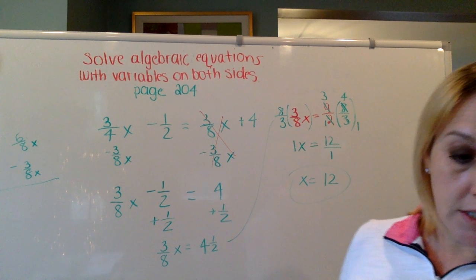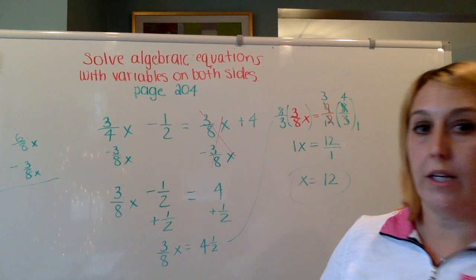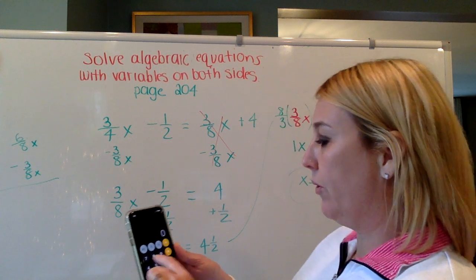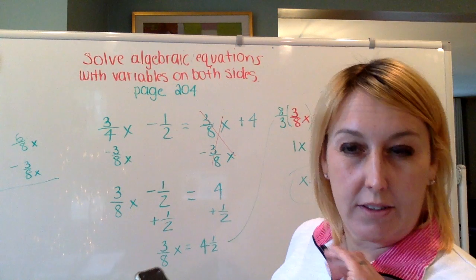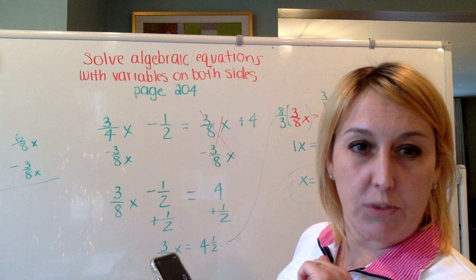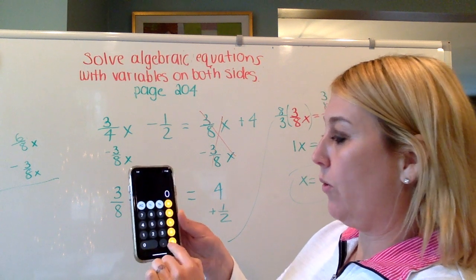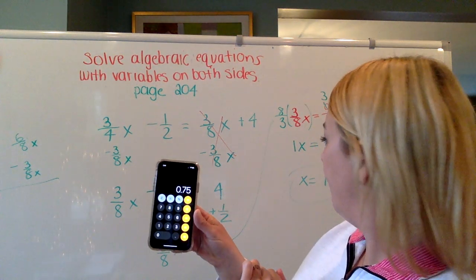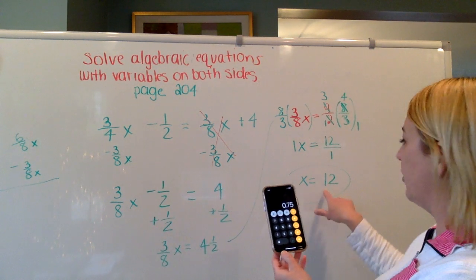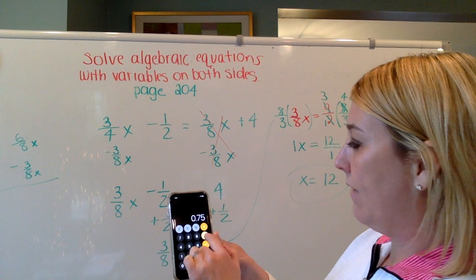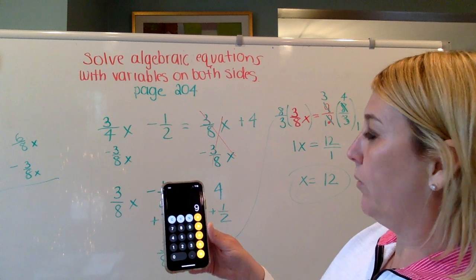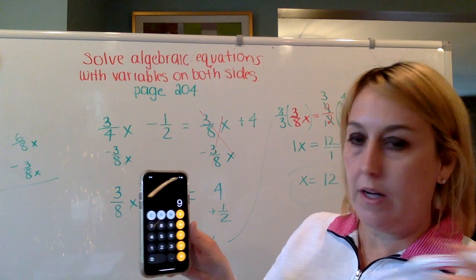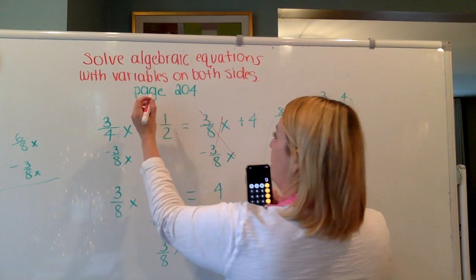And if I wanted to, again, check this on my calculator, I'm going to do a better job this time modeling it for you. I'm going to convert it to decimals just because I think it's easier. So I'm going to make 3/4, 0.75. So 0.75, and then I have to substitute my value for x. So 0.75 times 12 equals 9. And then 9 minus a half is 8.5.